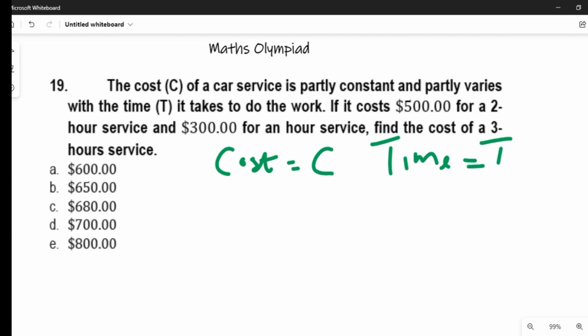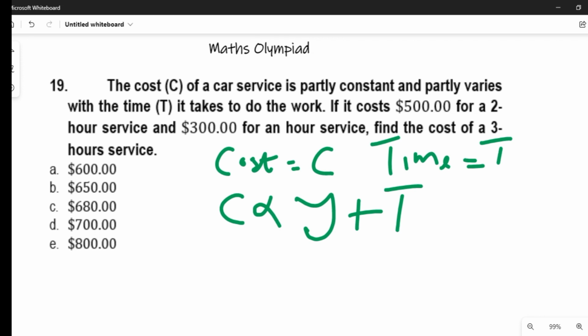The question says the cost of a car service is partly constant and partly varies with the time t. Now this is a partial variation.